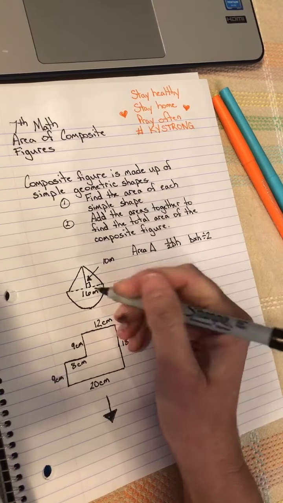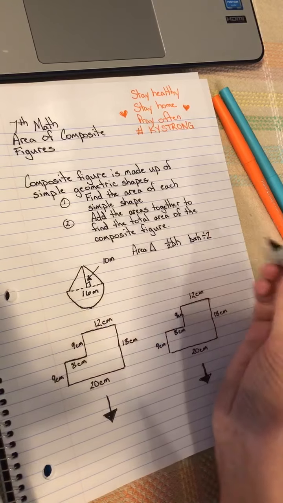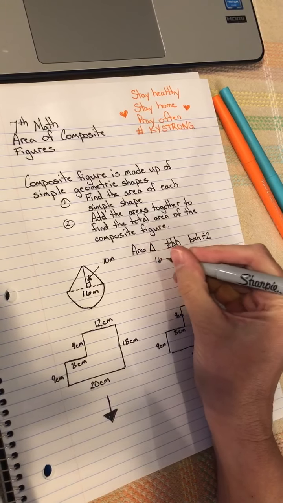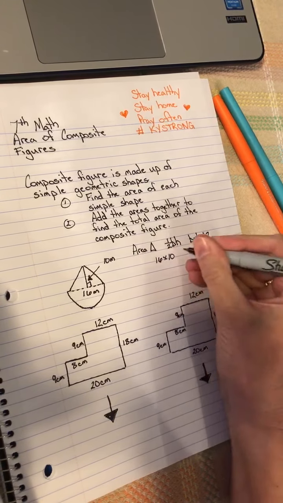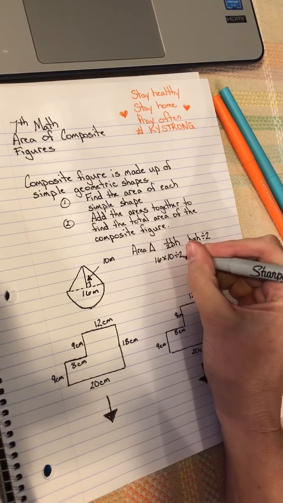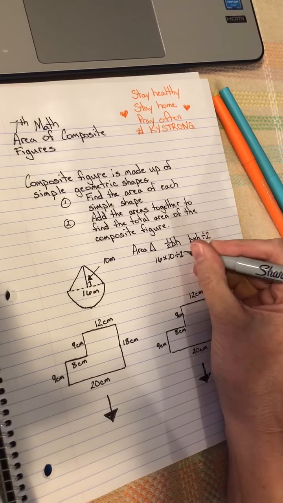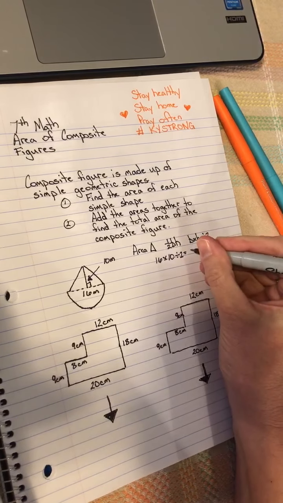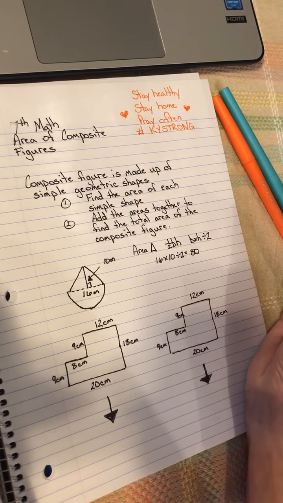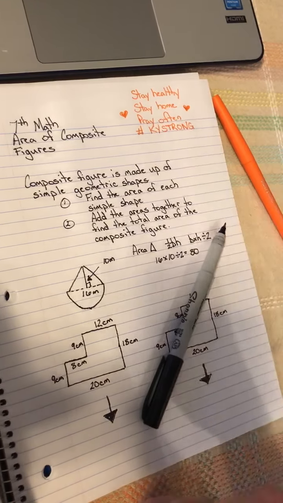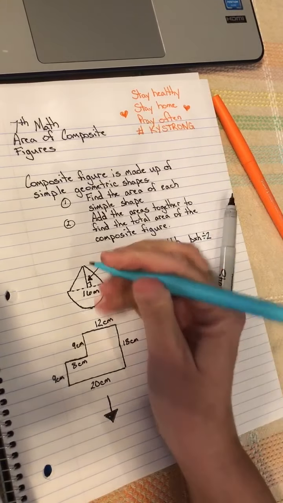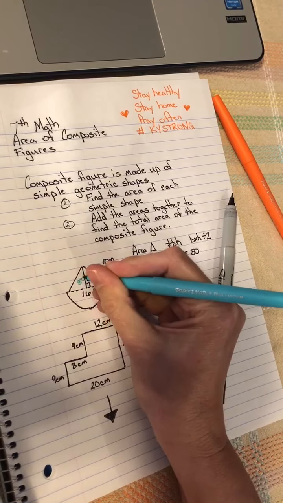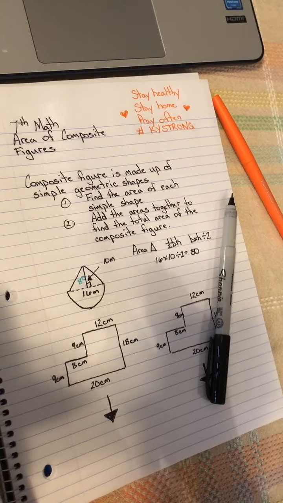All right, remember height needs to be straight up and down. So we would do 16 times 10 divided by 2, which would be 160 divided by 2. The area of the triangle is 80. All right, so we could say this section has an area of 80.